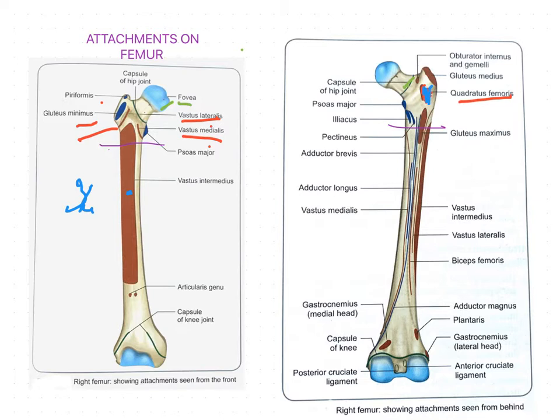At the lower end of the femur, you'll find a capsular attachment of the knee joint along the intercondylar line. Next, on the posterior aspect, we have seen that the upper part of the shaft has 4 surfaces, isn't it?